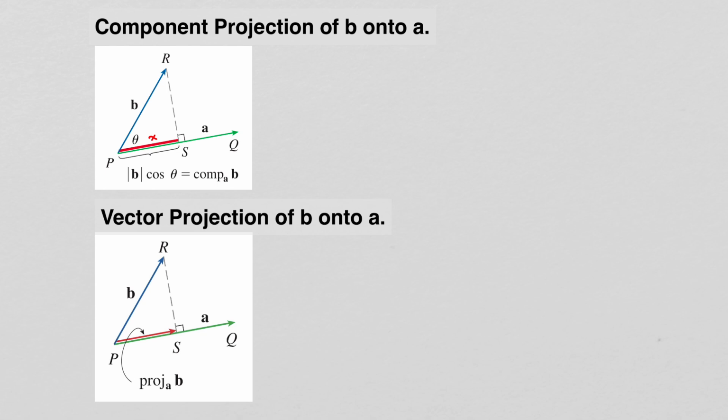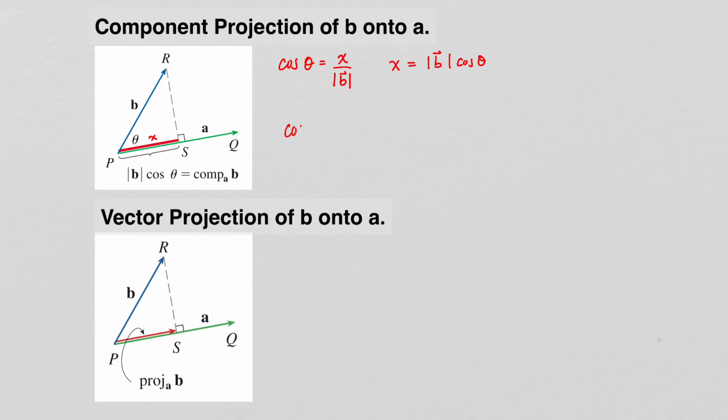So if I call that x, we know the cosine of theta is equal to x divided by the magnitude of B, right? Because we know cosine is the adjacent side over the hypotenuse. And that means that x would be equal to the magnitude of B times the cosine of theta.